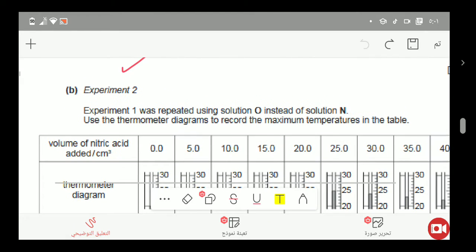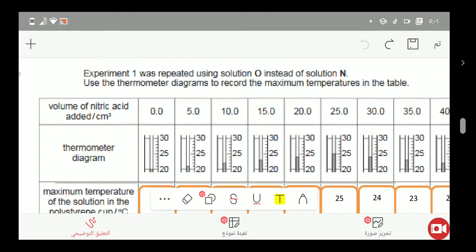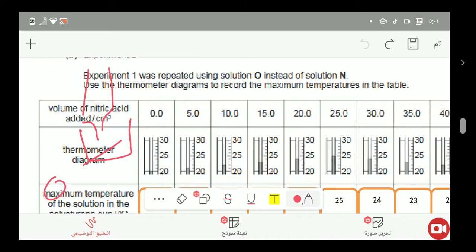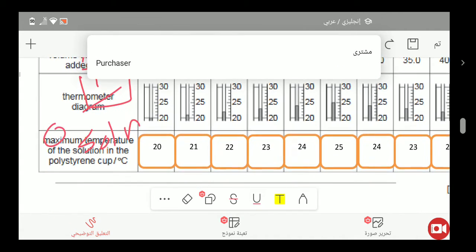At experiment 2, the student used the second alkaline, which is called O. He also added 5 centimeter cubed each time, with HNO3 in the burette and the O alkaline in the cup. Then 10, then 15 centimeter cubed, and so on, measuring the temperature.